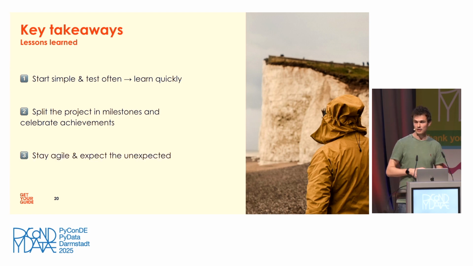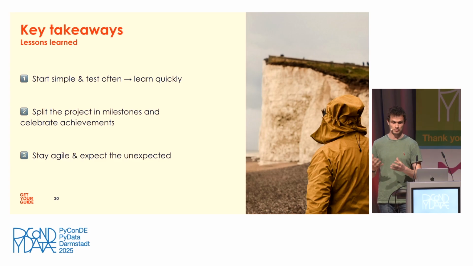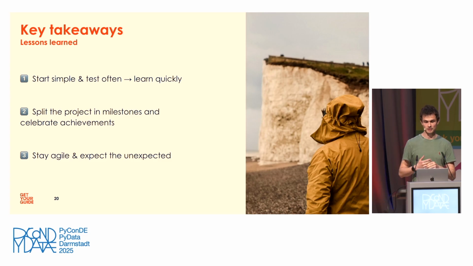And finally, stay agile and be ready to expect the unexpected. You can prepare and learn from others, but be ready for some bumps in the road. This is a big migration, and there will be some surprises on the way.